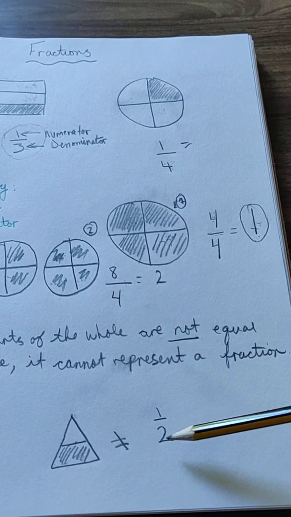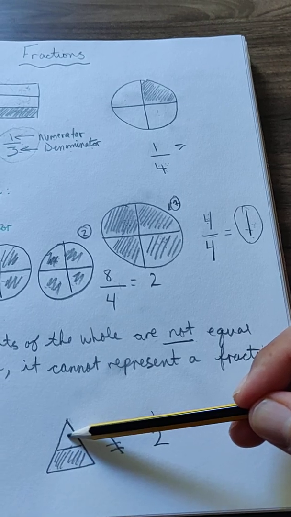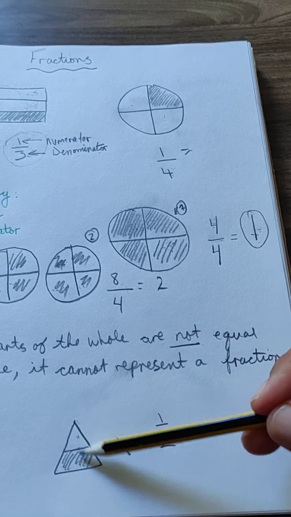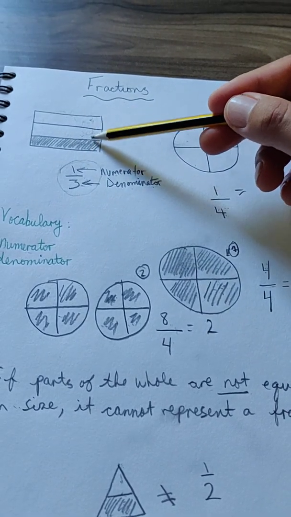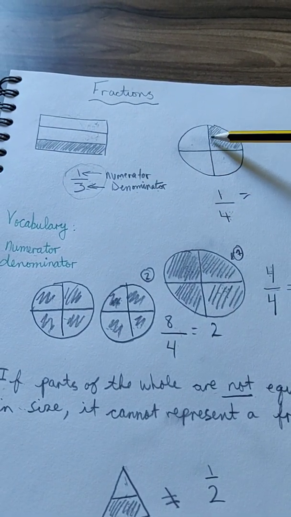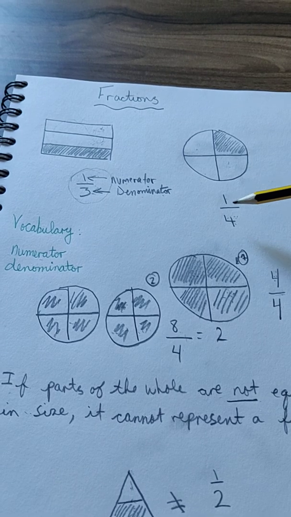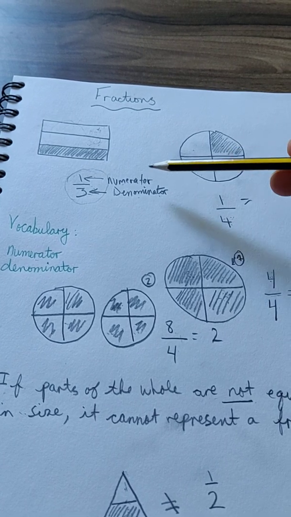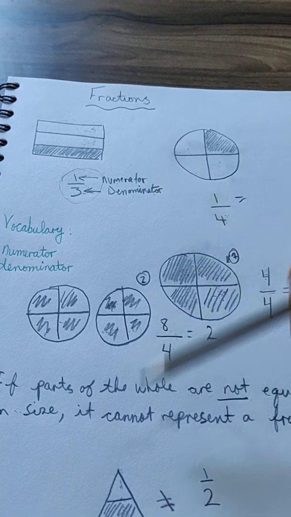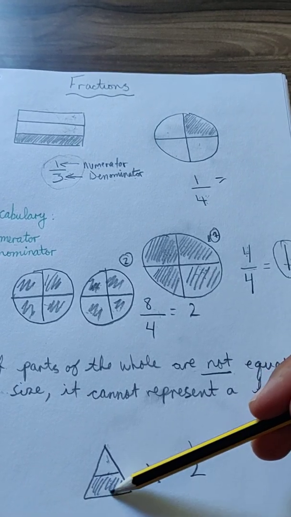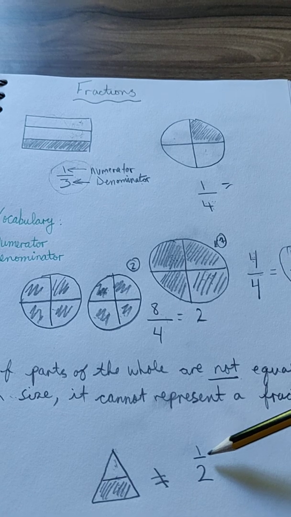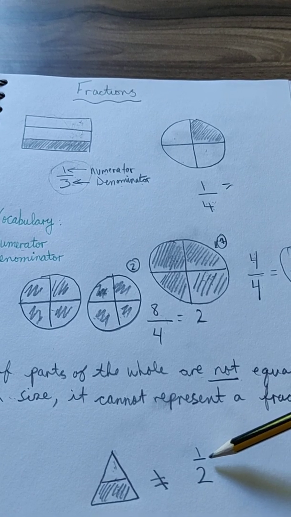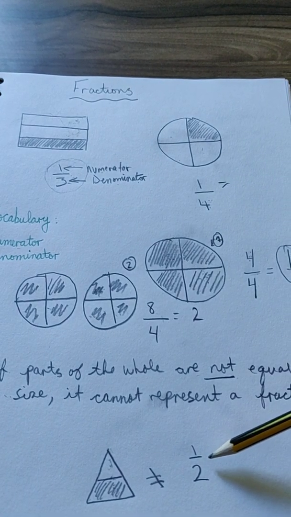Well, simply because this and this are not of equal size. As you can see here, these are of equal size, so I can say with confidence this is 1/4 in this particular case, or 1/3 in this particular case. Here, this and this are not equal. Therefore, it cannot equal 1/2. It would be incorrect for me to say that it is 1/2.